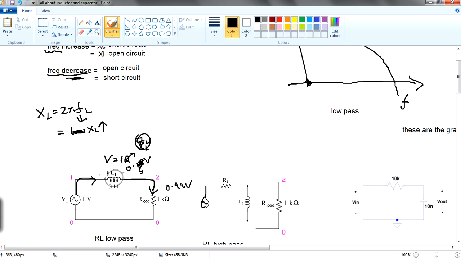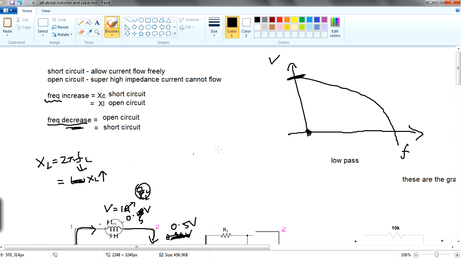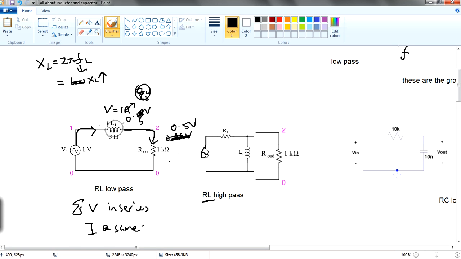In this case, since the inductor draws more voltage now, the R load will have less voltage to take in. So this is why as the frequency increases, your R load voltage is going to decrease a little. And as the frequency goes all the way up, your R load will have nothing to take in. So this is the low pass.